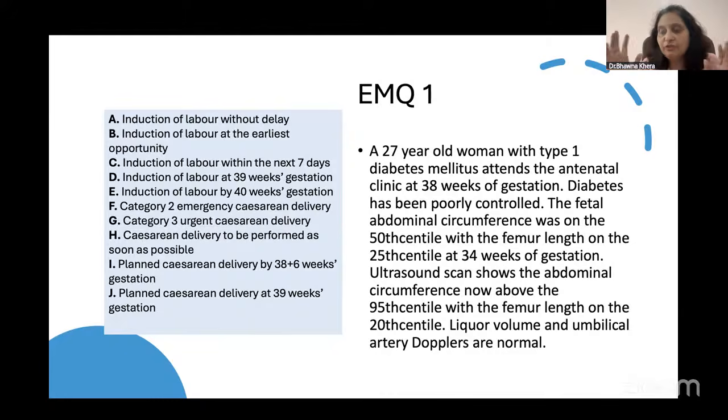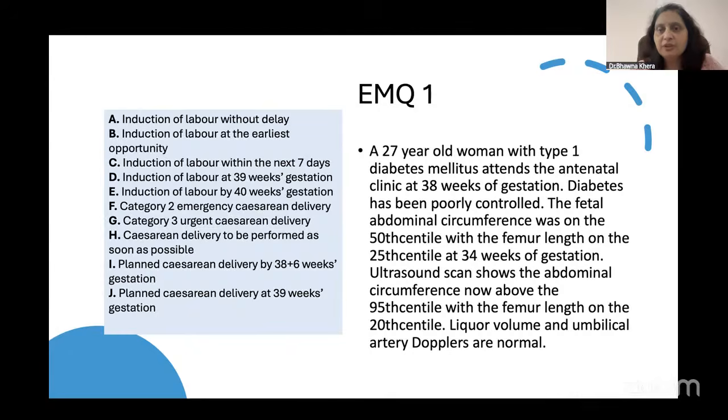So be very careful and pay attention to what you are dealing with. In this question, we are dealing with type 1 diabetes. Diabetes has been poorly controlled, and the fetal abdominal circumference was on the 50th centile and femur length on the 25th centile at 34 weeks of gestation.